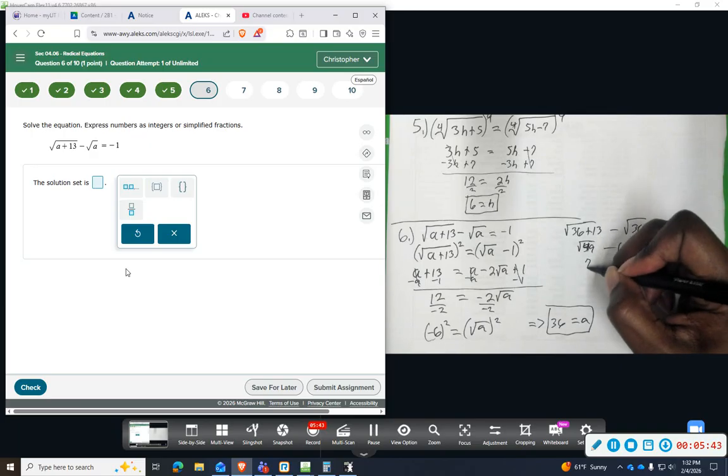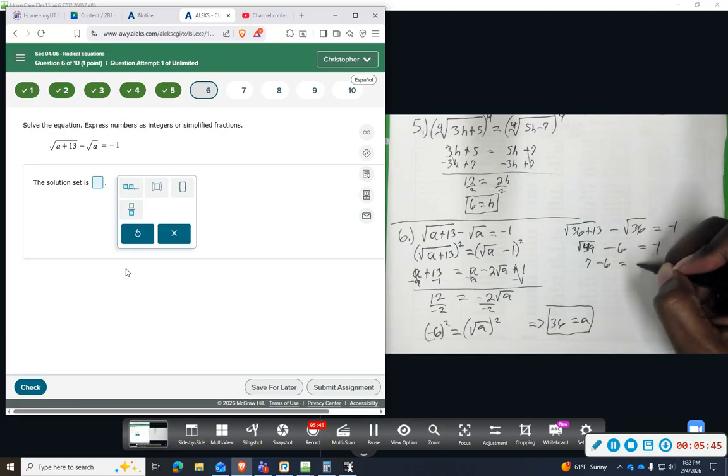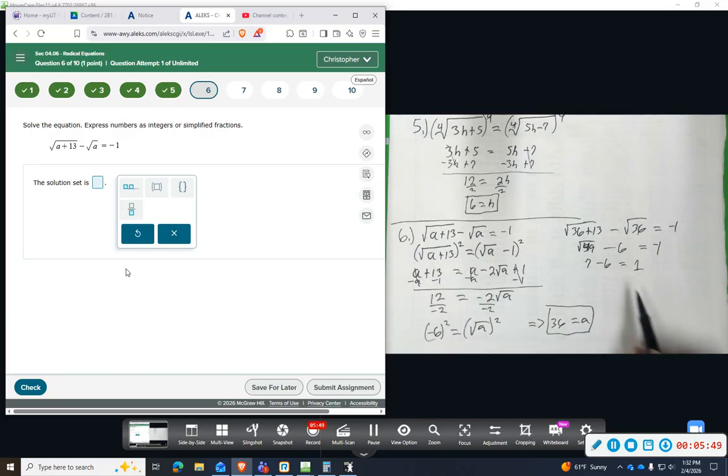This will give me 7 minus 6, and that's going to give me a positive 1. Okay, sorry. I don't know why I'm saying 39. I'm just adding 13. 49, square root of 49 is 7. 7 minus 6 is a positive 1. They're saying negative 1, so this 36 doesn't work. So we have no solution. So you do this little empty set, and that's how you say no solution.